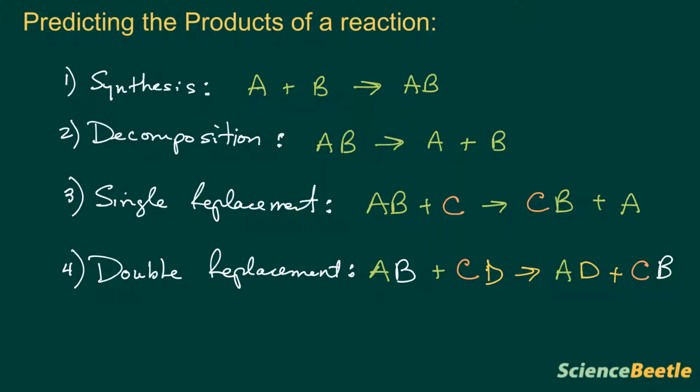Now, the one thing that I did take some time to explain in all of these reactions is that whenever you have compounds such as here, here, here, there, and in the double replacement, you've got to recognize that the first atom is always going to be positive, the second atom is negative, and that's true all the way across.